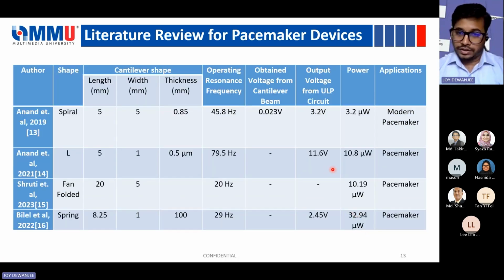I also studied how much power pacemaker devices require. Researchers there worked with different shapes: spiral, L shapes, fan-folded, and spring shapes. For those shapes, the lowest resonance frequency was 10 hertz and the highest was 79.5 hertz for pacemaker devices.